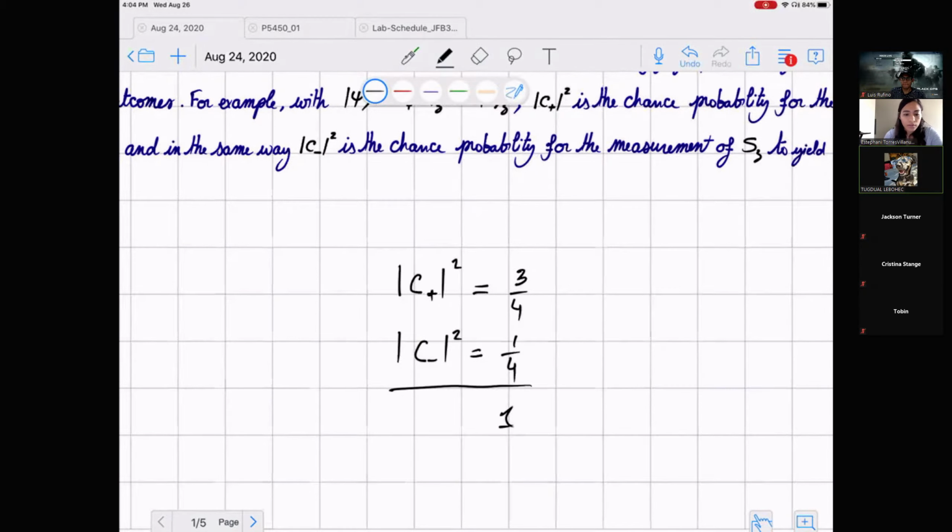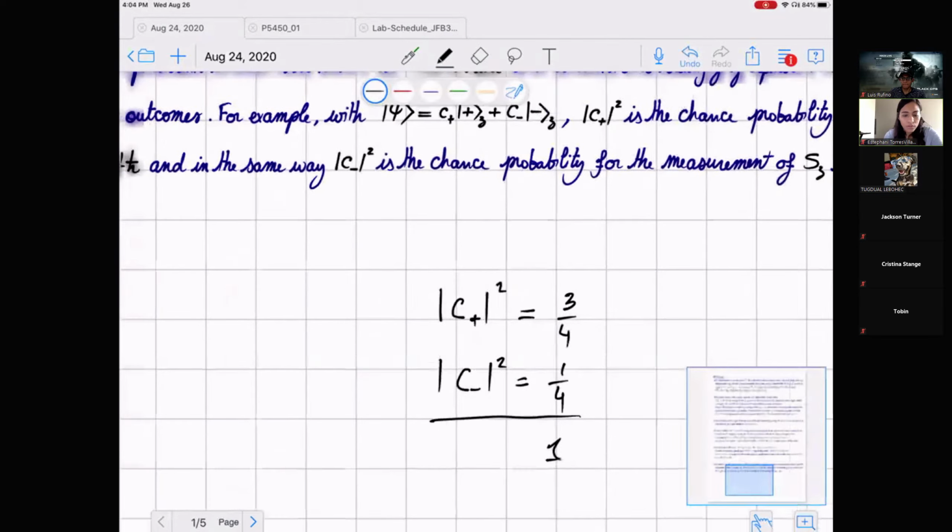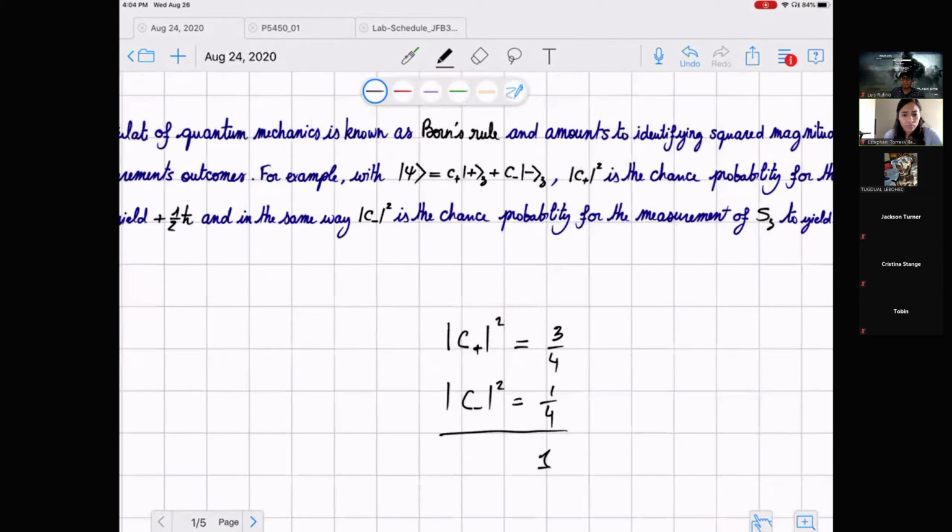But if you prepare your 100 particles in this state psi, and you measure each one of these particles, well, for the first one, you will have 3/4 of a chance to observe plus h bar over 2, and only 1/4 of a chance to observe minus h bar over 2.